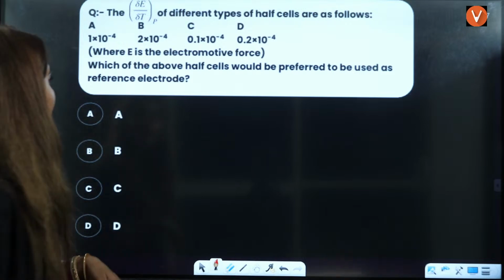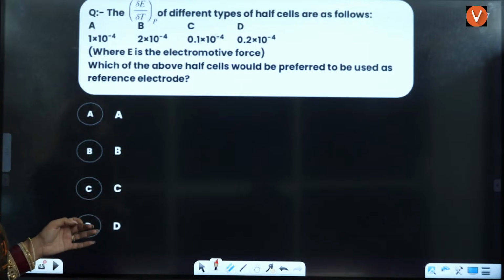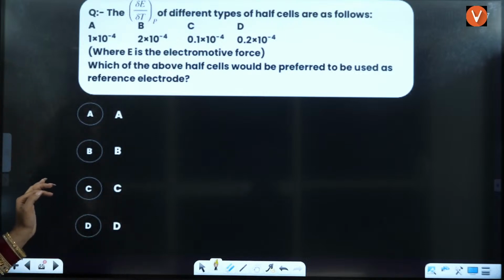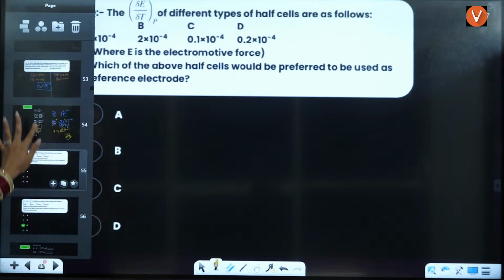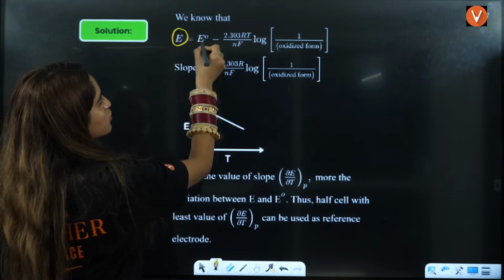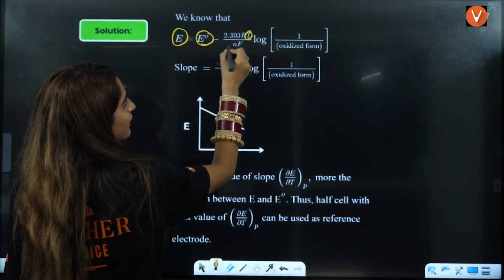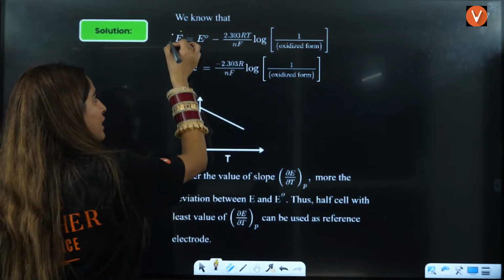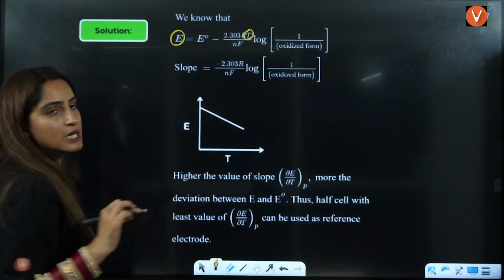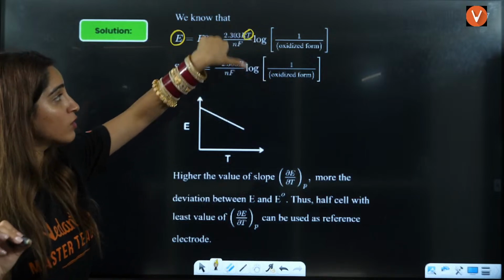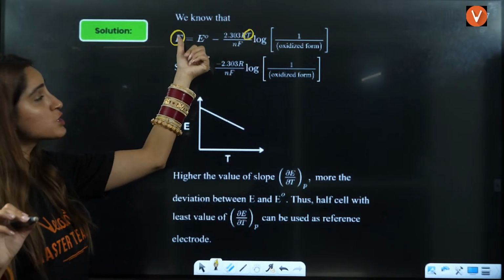Yes, everybody. So if you can see here, from the value of the Nernst equation, we have to find the lowest value here. Why do we have to find the lowest value? If you see, electromotive force E is equal to E naught minus 2.303 RT by NF log of this and this. Now, if you see the variation of electromotive force with temperature, as the temperature is more, this whole value will be more, which means this value will be less.